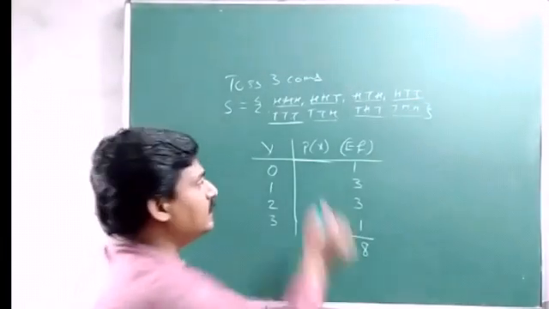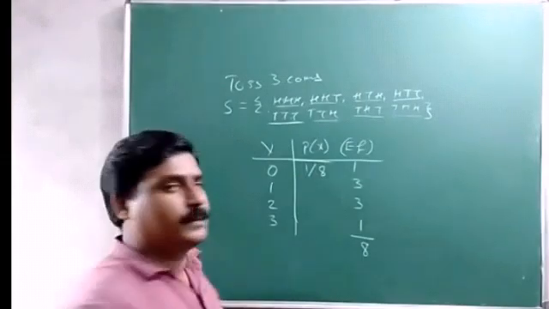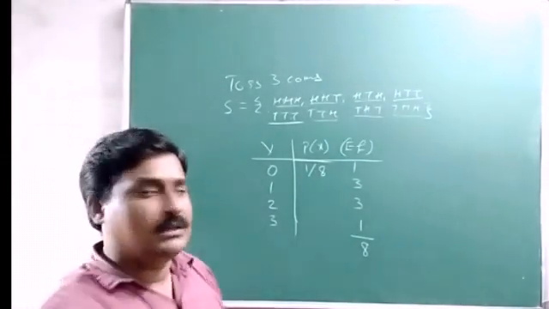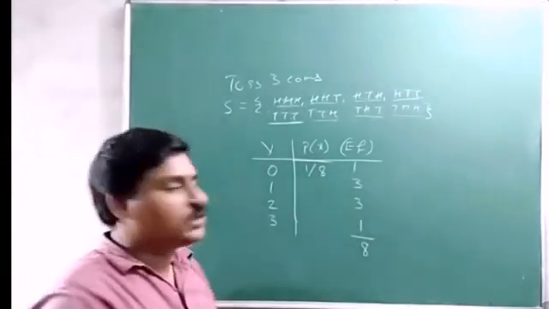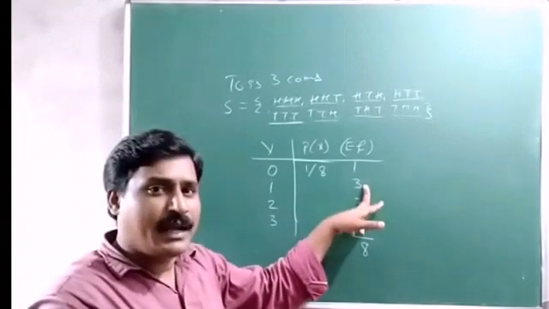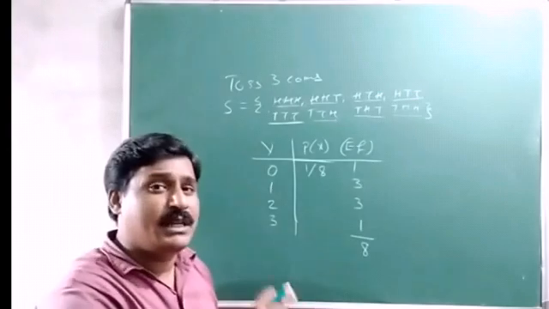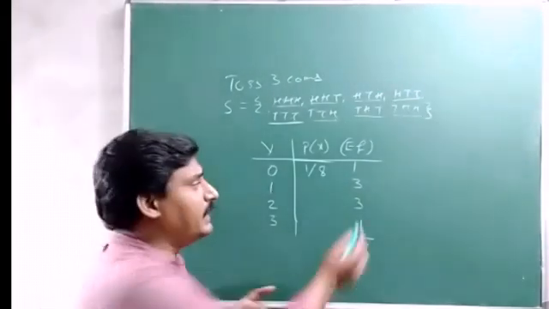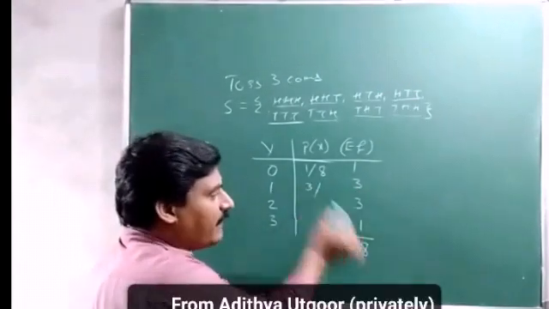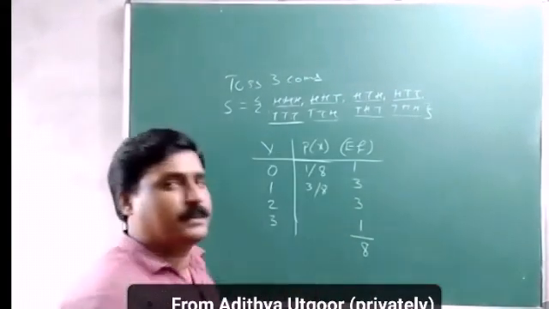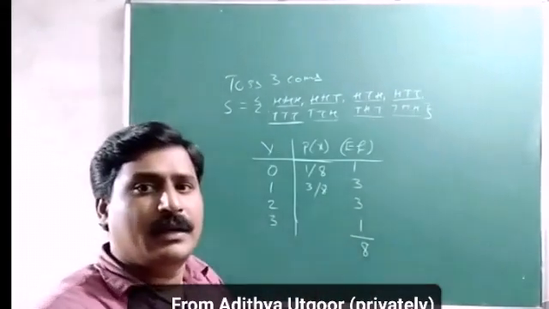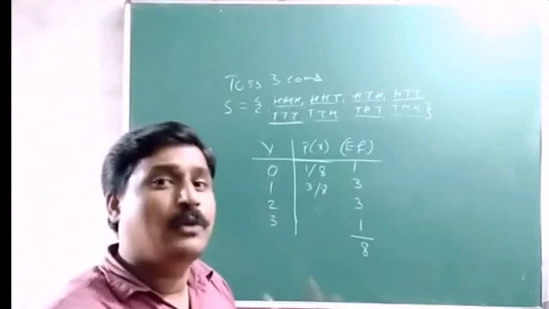So that is 1 divided by 8. Second one, that is one head. In three ways we can get one head, so the probability associated with getting one head is 3 divided by 8. And now two heads.